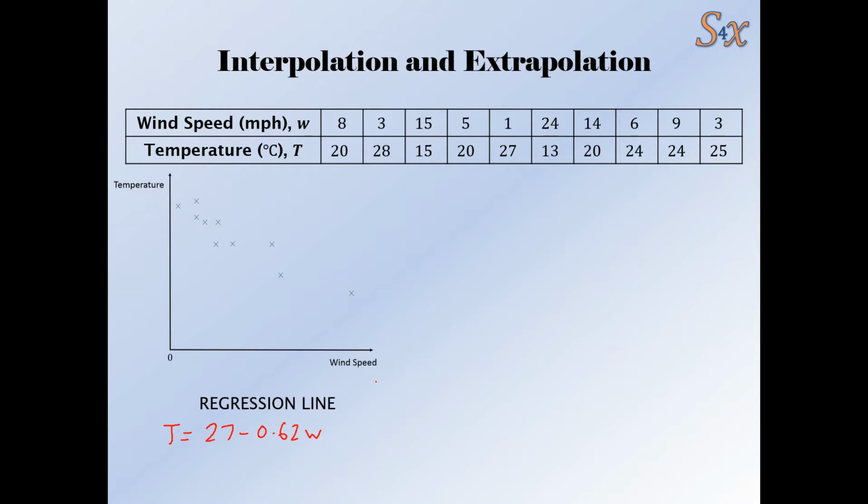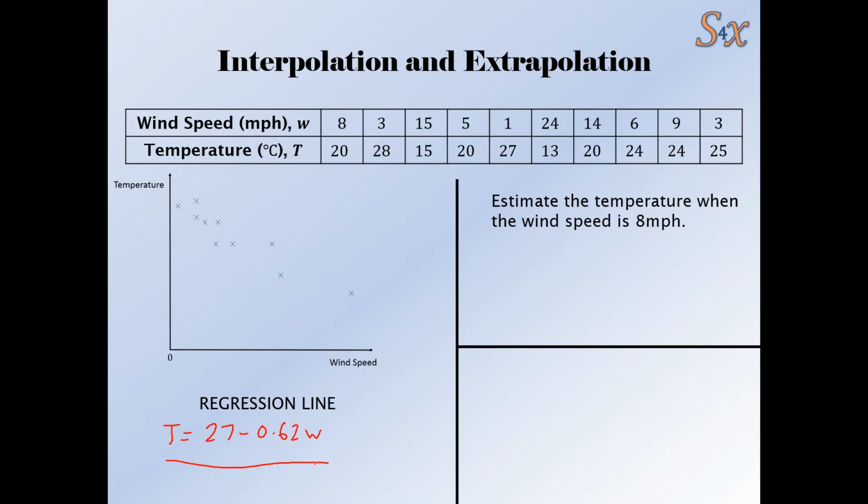So we can use this formula to make estimates of the temperature given the wind speed, and make estimates of the wind speed given the temperature. Okay, and that's what we're going to do. So the first one is estimate the temperature when the wind speed is 8 miles per hour. So I'm going to use our regression line. So I get T is 27 minus 0.62 times 8.